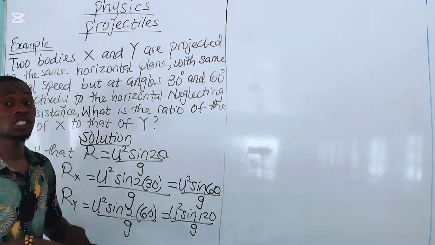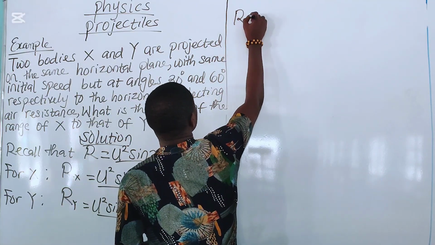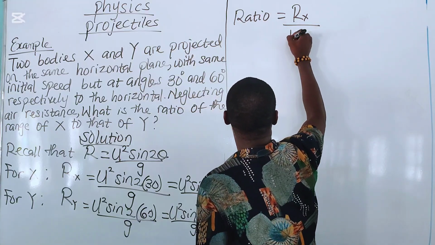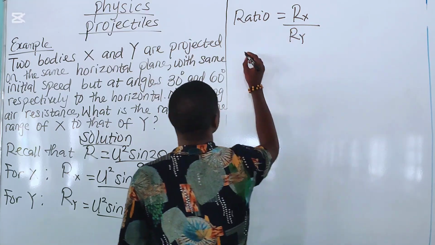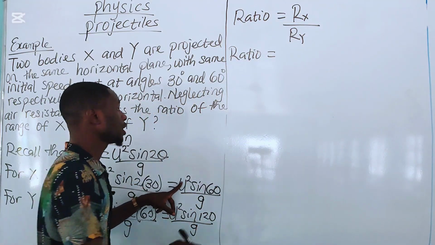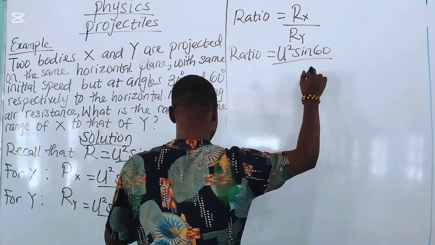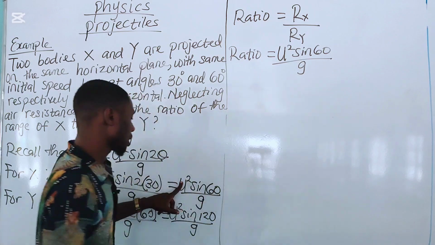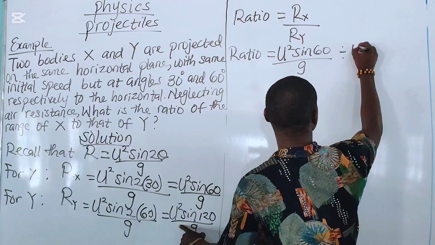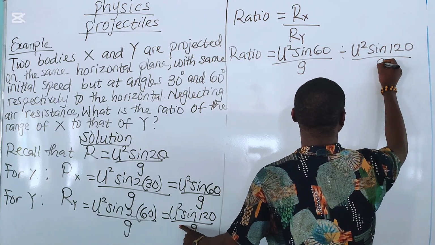So the question says what is the ratio of the range of X to that of Y. So our ratio becomes the range of X divided by the range of Y. So our ratio now becomes the range of X, which we have found to be U squared sine 60 over G, and then divided by the range of Y, which is U squared sine 120 over G.